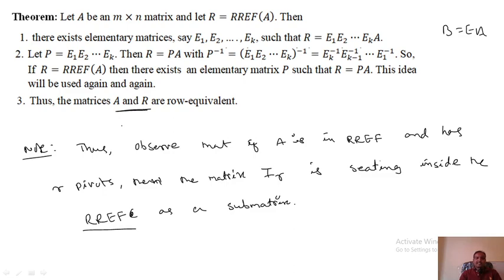Columns are interchanged, or a column is multiplied by some scalar, or some scalar multiple of one of the columns is added to another column. That means column operations. You can apply row operations or column operations. If you apply column operations, the matrices are column equivalent, you can say. But in our course we have discussed mostly row operations, row equivalence. Both are the same. You can apply row operations or column operations. Okay, thank you.